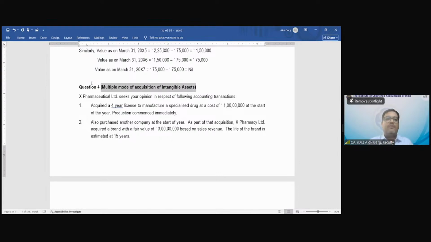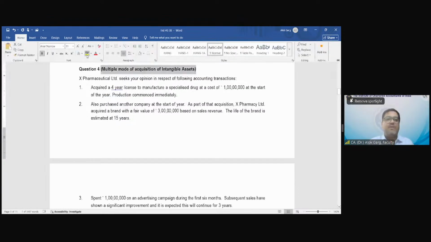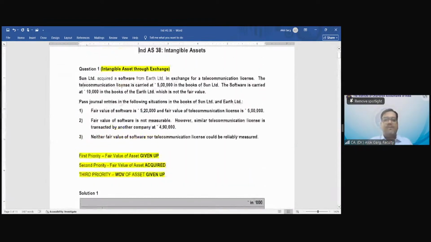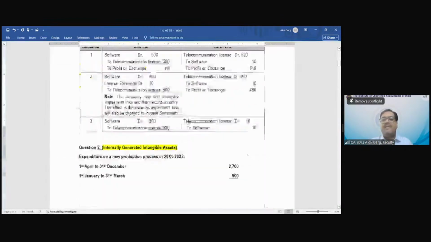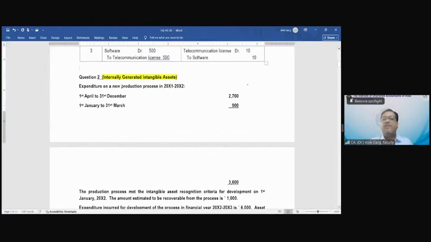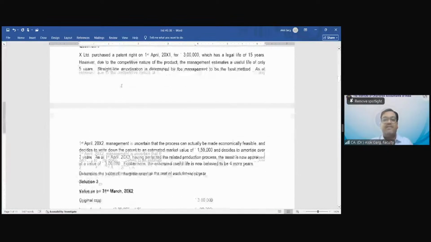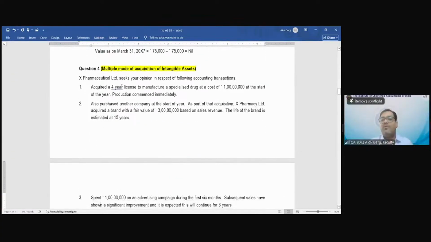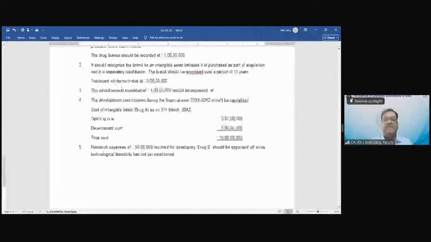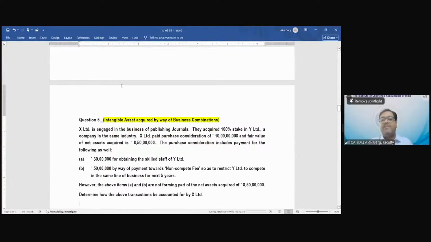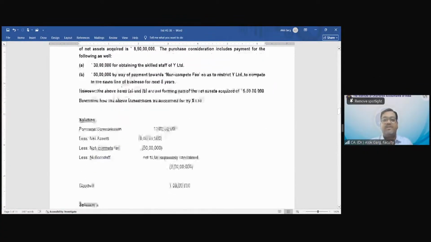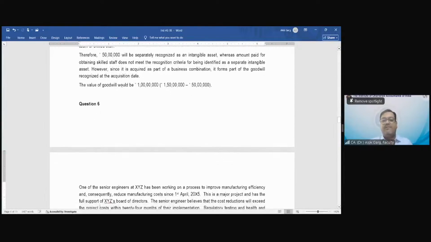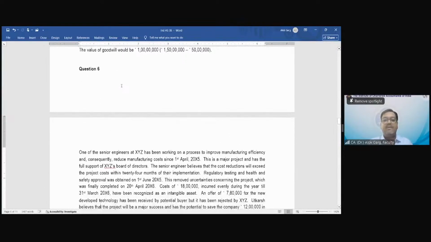Question number 1 on intangible asset acquired through exchange of asset. Question number 2 on internally generated intangible asset. Question number 3 we will do. Question number 4 on multiple modes of acquisition of intangible asset. Question number 5 on intangible asset acquired by way of business combination. So these are the questions we have covered. Question number 6 we will be covering.